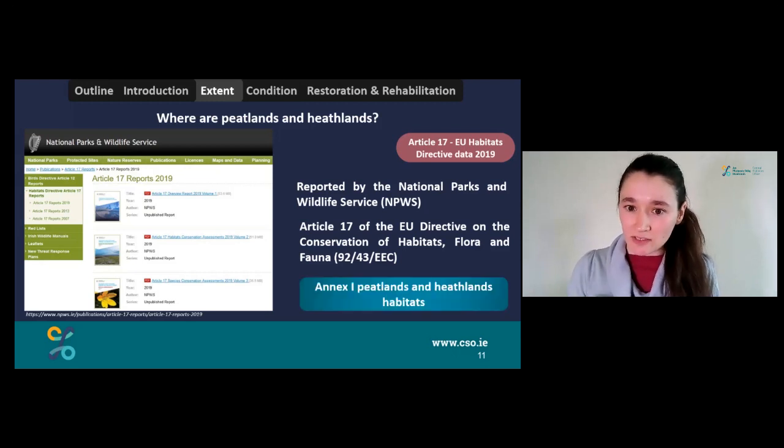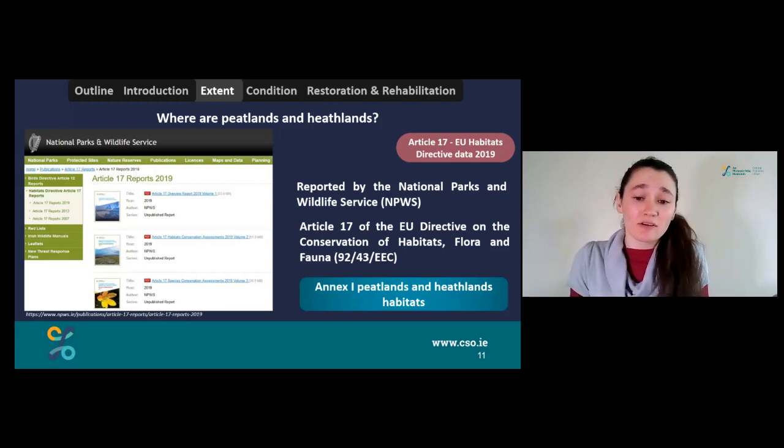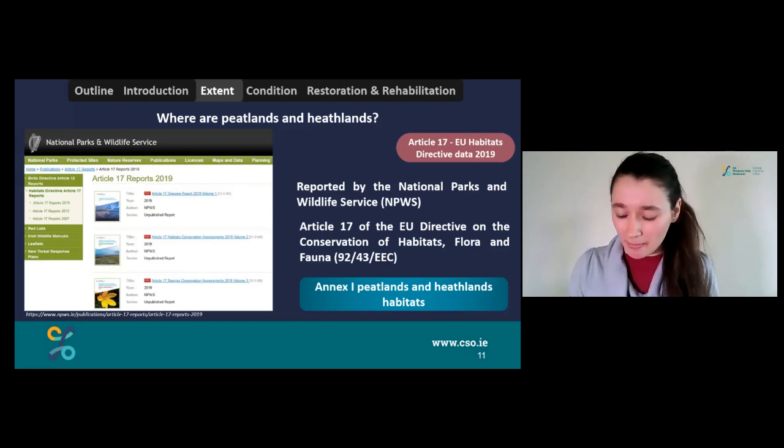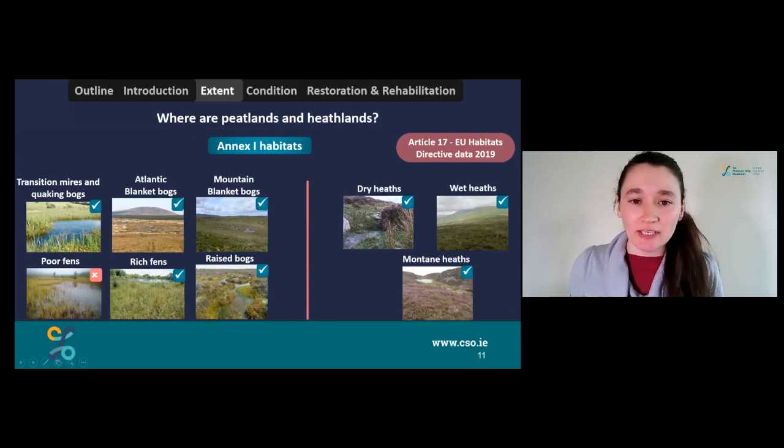The habitats and species targeted by the EU Habitats Directive are called Annex 1 habitats and species because they are listed under Annex 1 of the EU Habitats Directive. That is that simple. Annex 1 habitats for peatlands and heathlands include all the types of peatlands and heathlands that I showed you earlier, except poor fens.